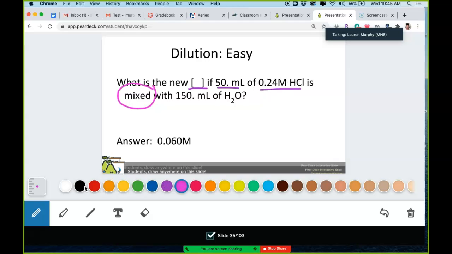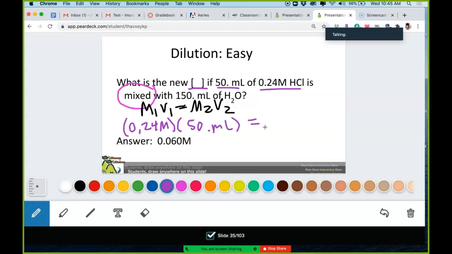So here we go. Easy equation. M1V1 = M2V2. This is the dilution equation. What is my initial molarity? My initial concentration is 0.24 molar. How much of it do I have? 50 milliliters. What's my new concentration? I don't know. That's what I'm solving for.